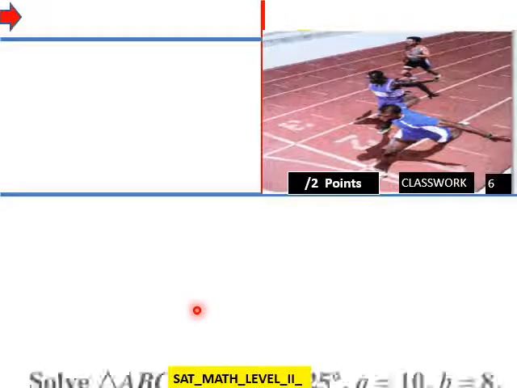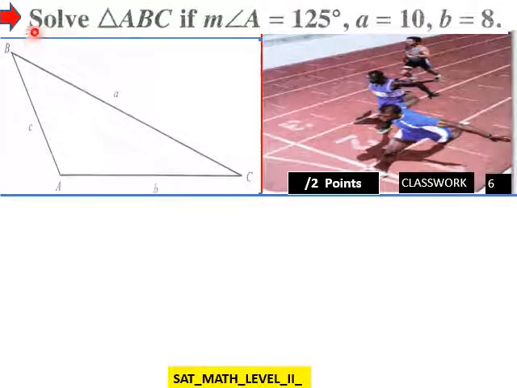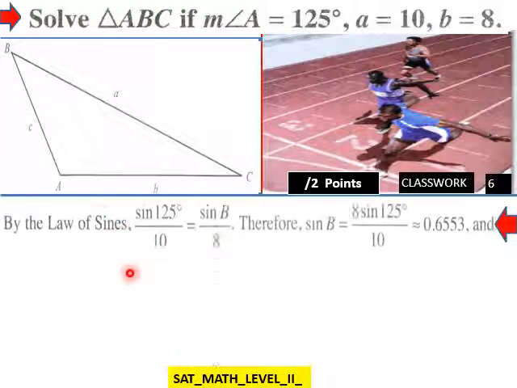Okay, so let's go into an example that goes through that process. Solving triangle ABC, the measure of angle A is 125, the length a is 10, and the length b is 8. So we need to solve this triangle. By the law of sines, sine 125 over 10 will equal sine B over 8.